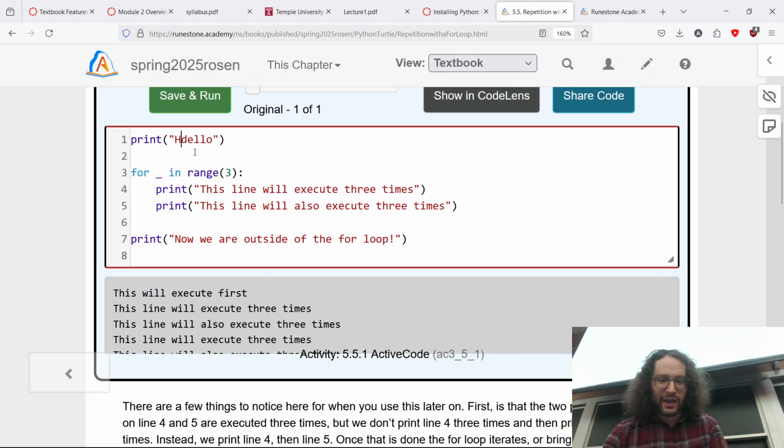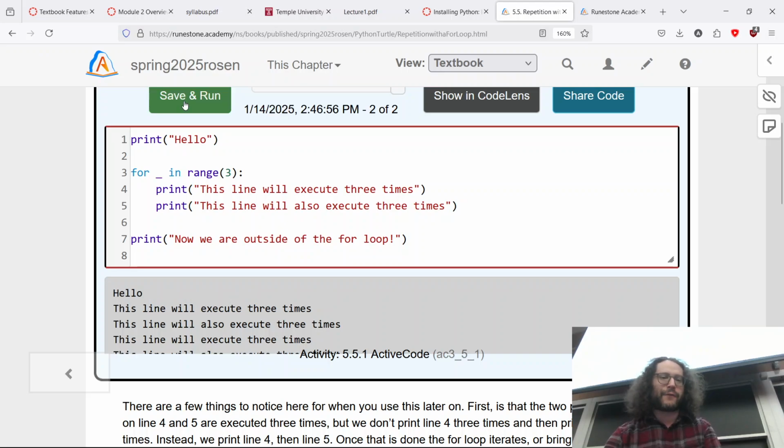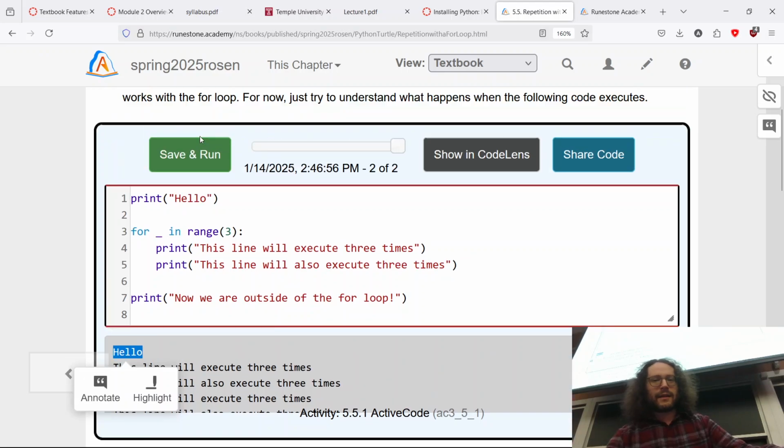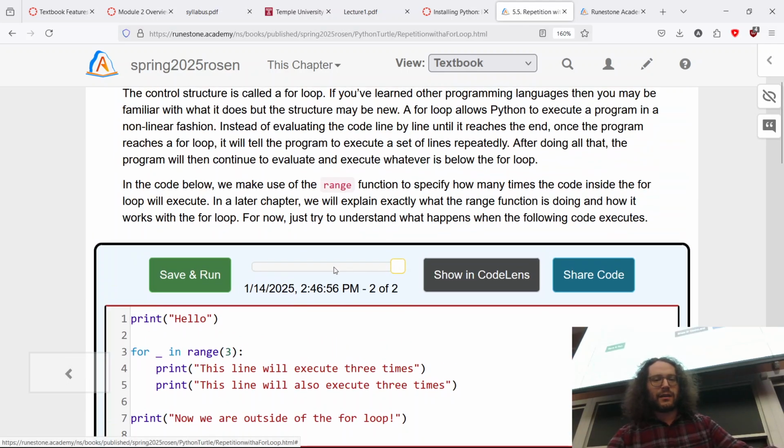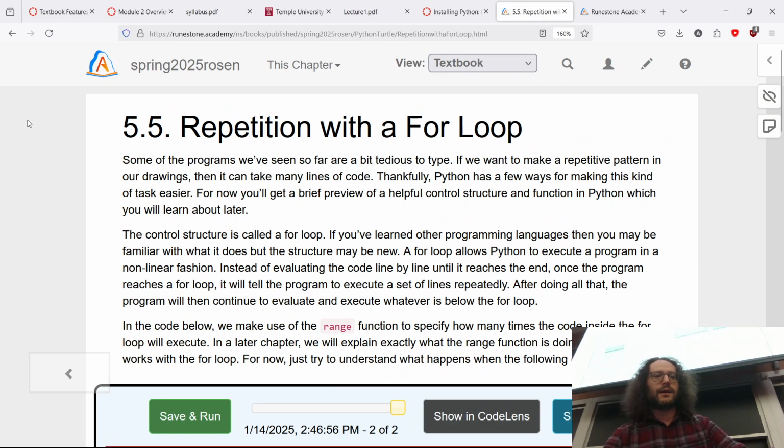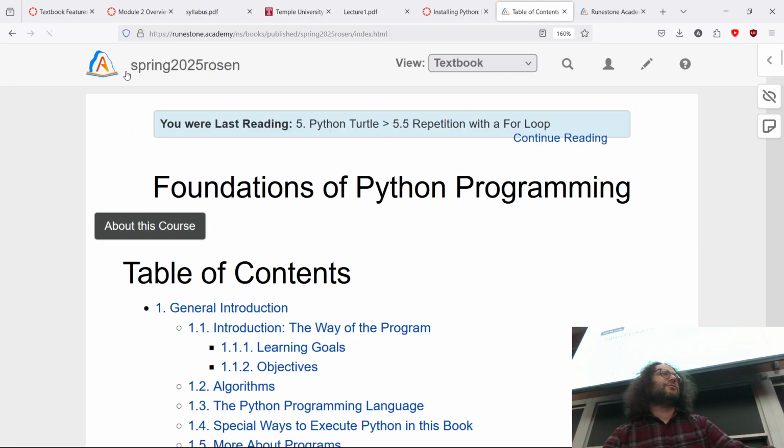Once again, I did learn how to spell at some point. I may have forgotten. So hello. You can alter this code, and it keeps snapshots of your various changes, which is extremely useful. But more importantly, you don't have to open up the book to a random section and start typing in and making a whole mess.